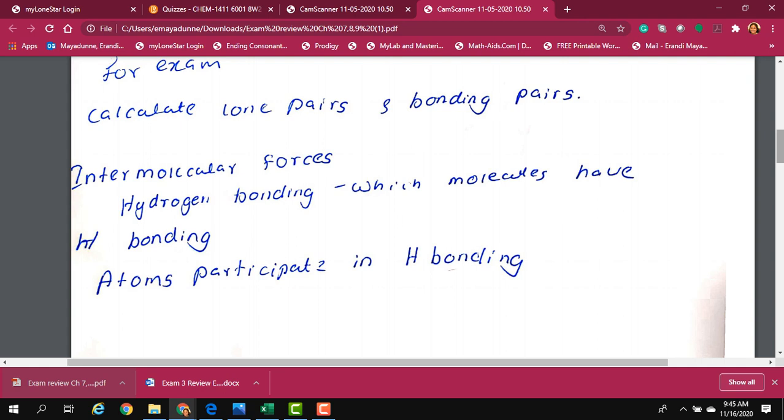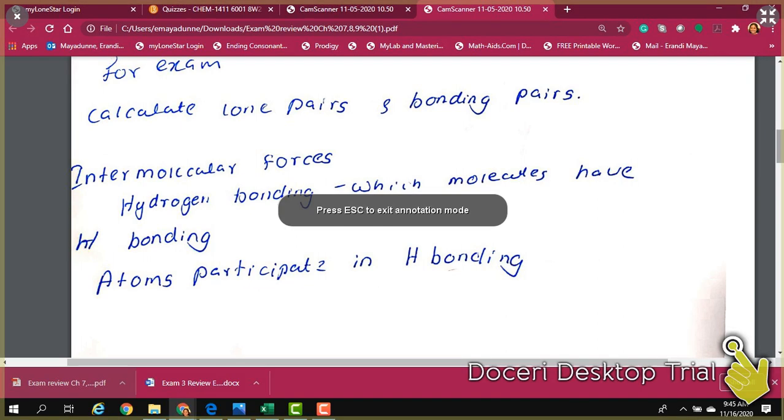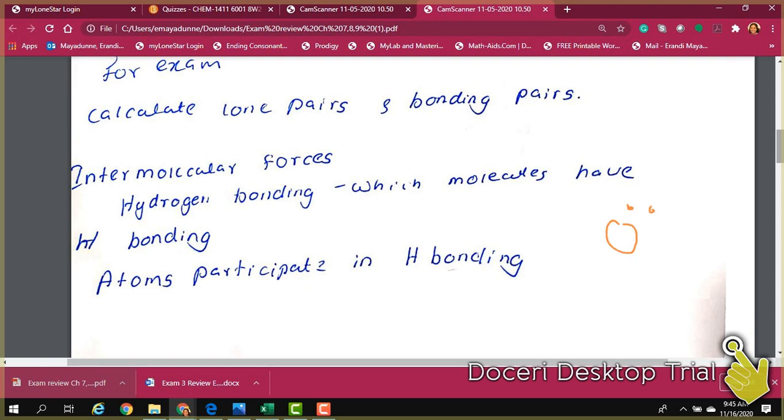For example, in order to make hydrogen bonding, let me draw water. O, H, and H. So this is one water molecule, and then I'm drawing another water molecule.